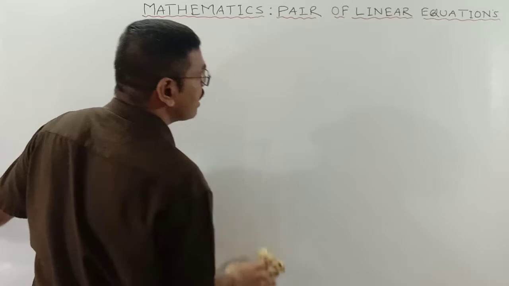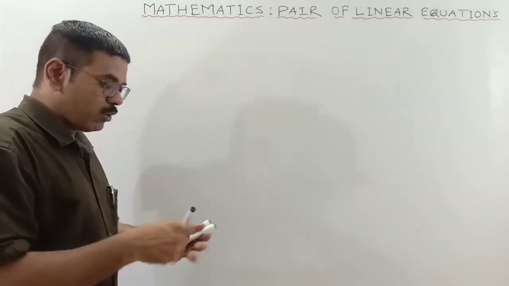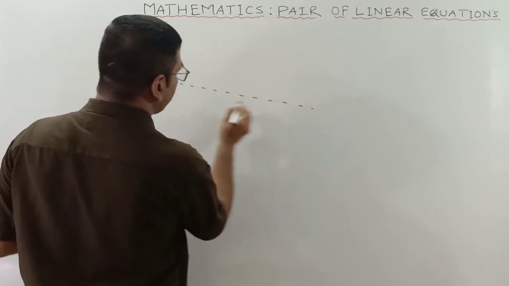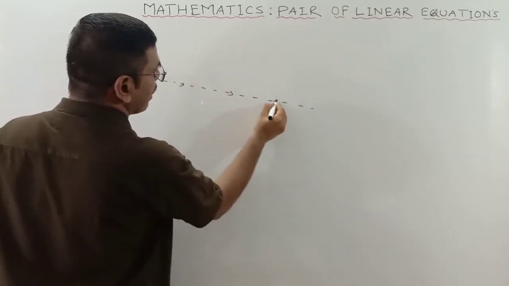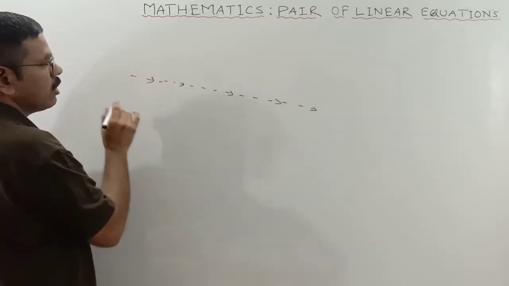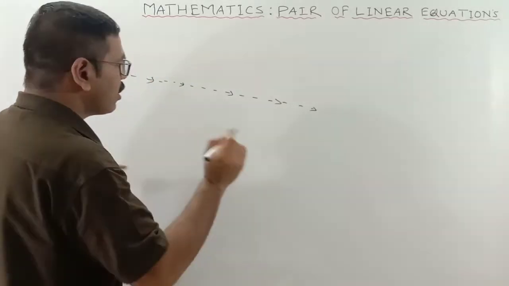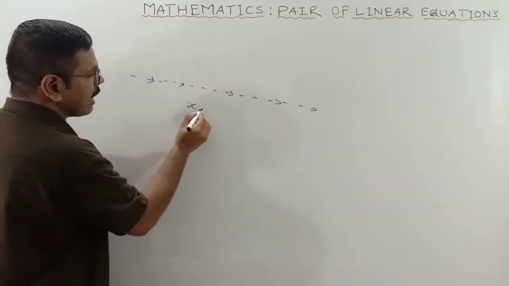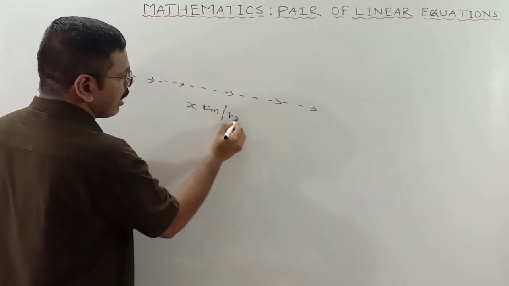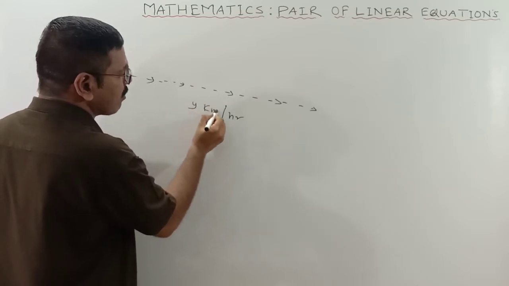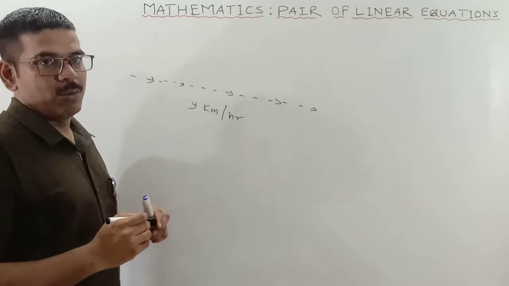So definitely there will be two cases. Try to understand that. Suppose a river is flowing, and this is the direction of current. In this direction the current of the river is there. Now suppose the speed of current is y km per hour, because definitely the speed of current will be less than the speed of boat.